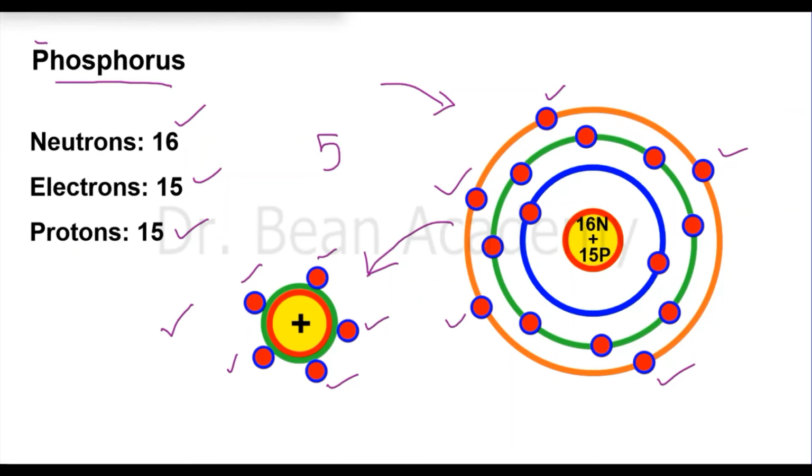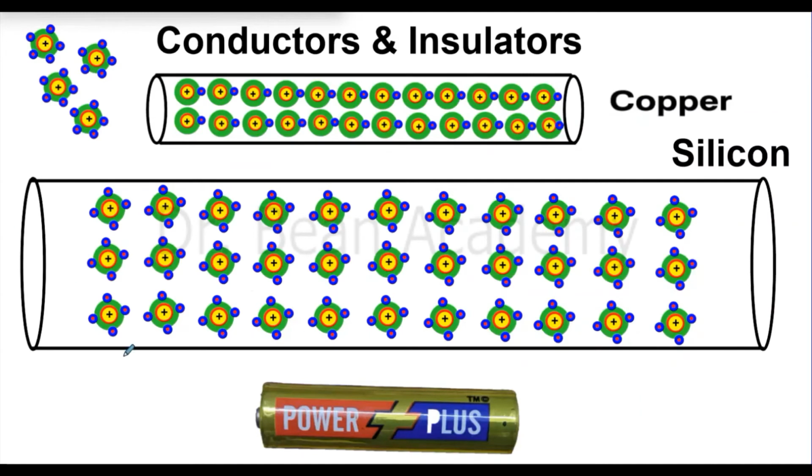So I will go back to my slide here. So you know that this material is made of silicon. It's pure silicon, or intrinsic silicon, because it is made of pure silicon. Now I am going to do something.